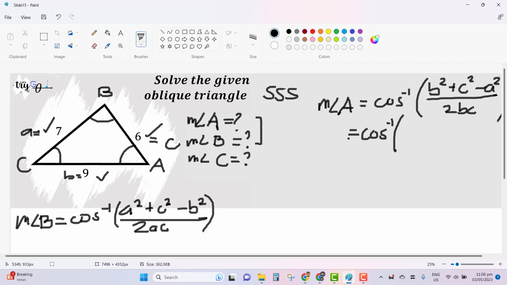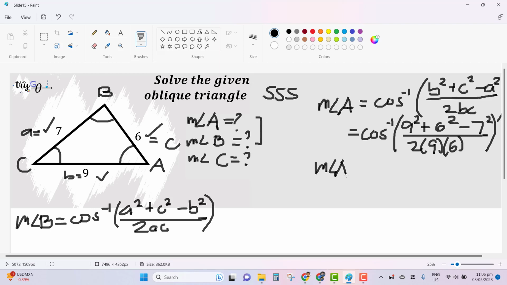So B squared here is 9. So you have 9 squared plus C, which is exactly 6, so 6 squared, less 7 squared, all over twice 9 by 6. So we just need to input this in our calculator, and we could get the approximated value for angle A.